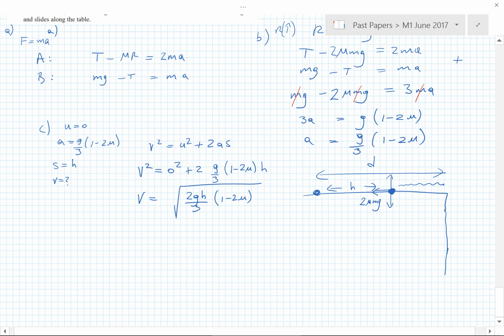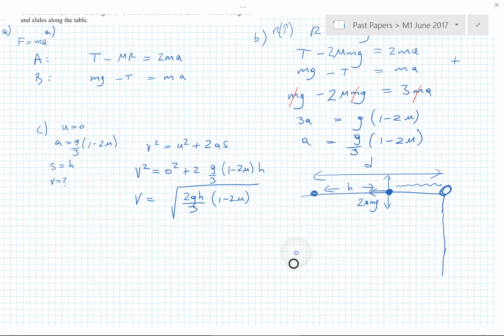Because we're told that it stops exactly on the pulley, the string is now loose, but what we need to do is work out the speed of this thing when the string becomes loose.